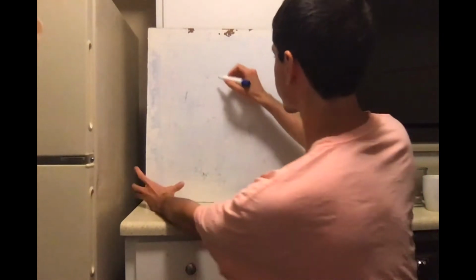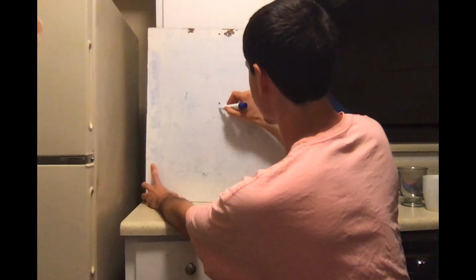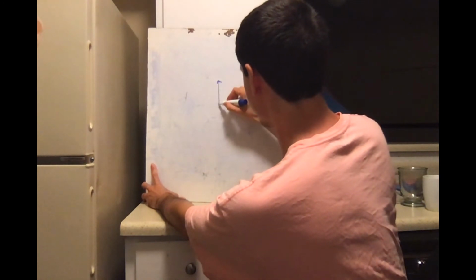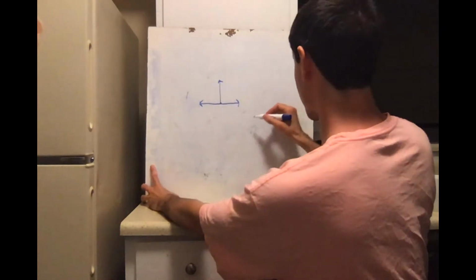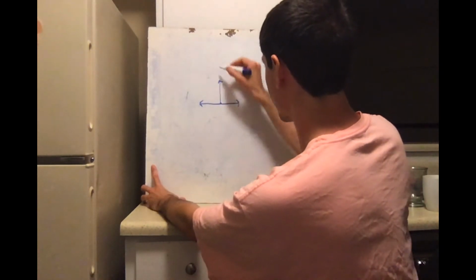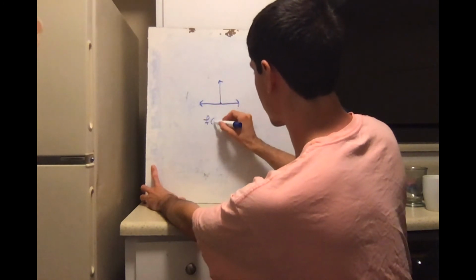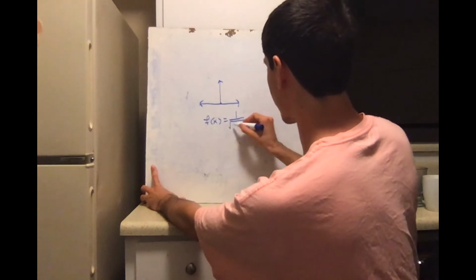So this function that we just integrated here, this function f of x equals 1 over the square root of 1 minus x squared.